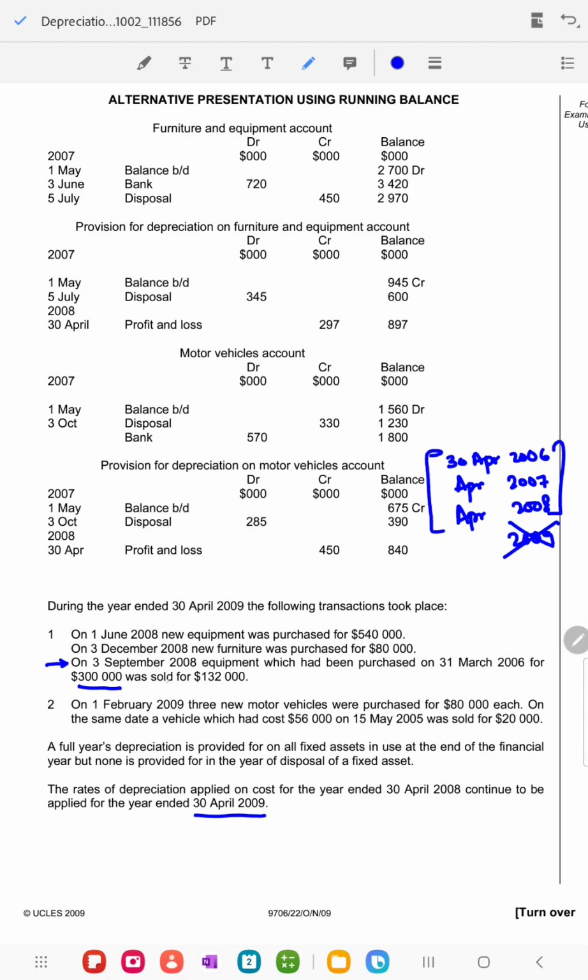So when I say 3 years, that means 300,000 multiply by 10% multiply by 3 years. This gives me 30 multiply by 3, so this gives me 90,000, right? This is the disposal value. Okay, let's move on.